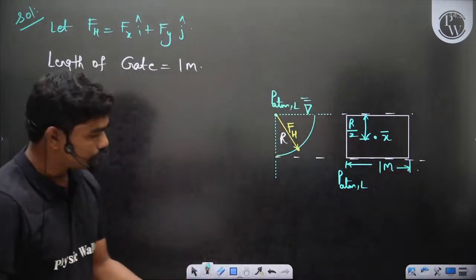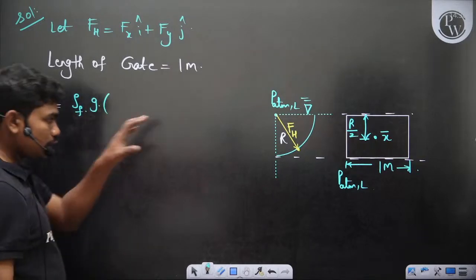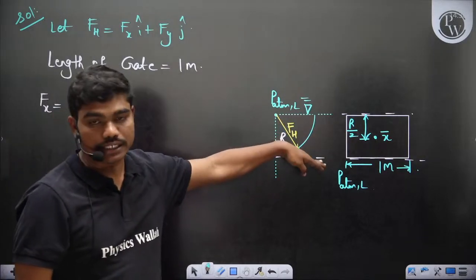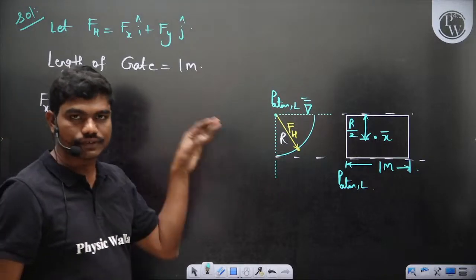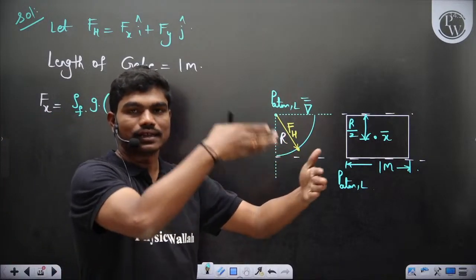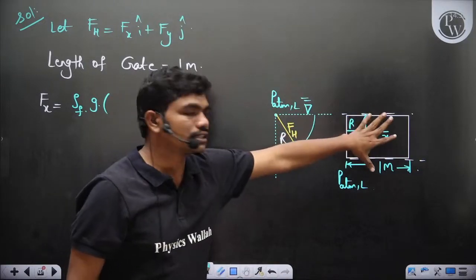So the hydrostatic force Fx is density of the fluid times g into the projection of the surface perpendicular to the x-axis. Because if you are talking about x direction force, the projection of the surface should be taken onto a plane that is perpendicular to the x-axis. So if you project perpendicular to the x-axis, this is a rectangle you will see.